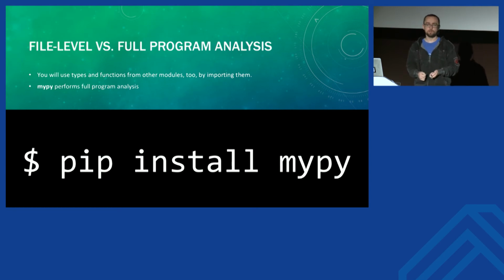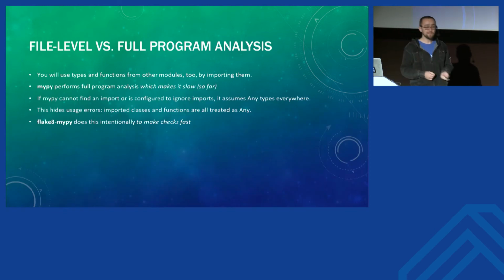So yes, we're working on the performance of it, but so far this is where we are. So what we can use it for is as a sort of continuous integration unit test, right? But MyPy performs full program analysis, so far it's slow.